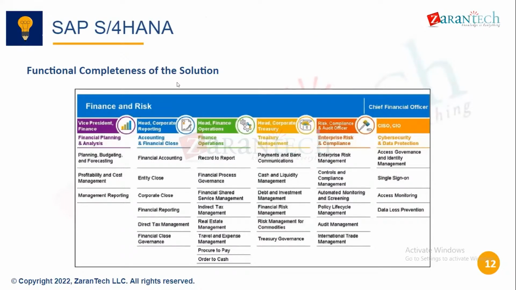Functional completeness of solution: financial accounting, entity close, corporate close, financial reporting, direct tax management. These are the benefits we have on the finance side. Record to report, finance process governance, financial shared services management. In short, they have introduced the concept of group reporting where you can do the consolidation.